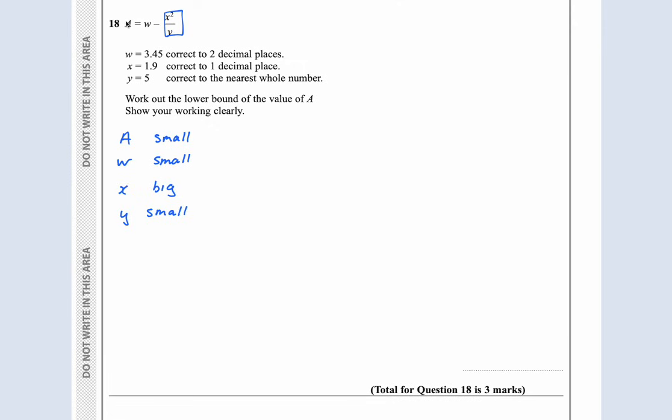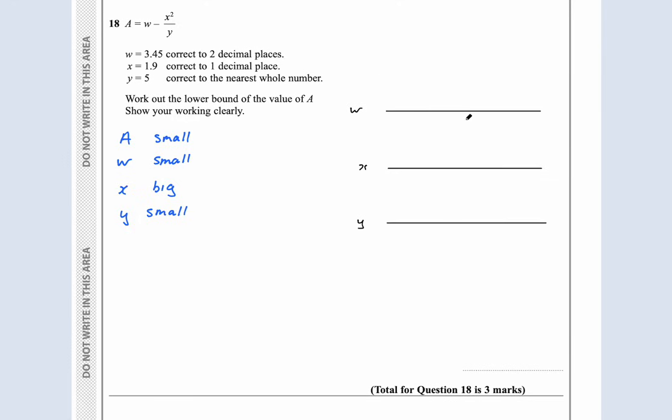So to clarify, to make A small, I make w small, I make x big, and I make y small. Okay, now once that's clear, we do this thing where I go w, x, and y. So this is w, this is x, this is y.